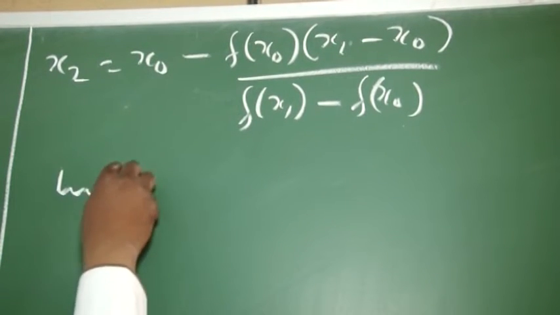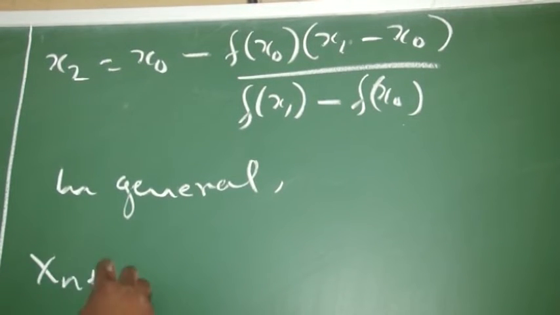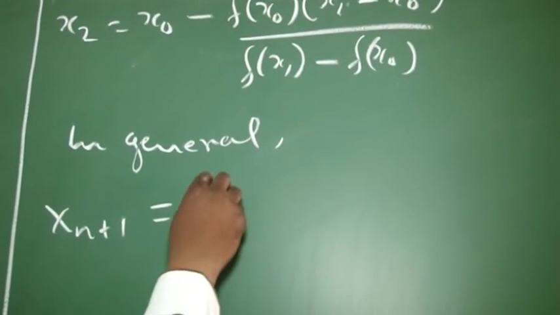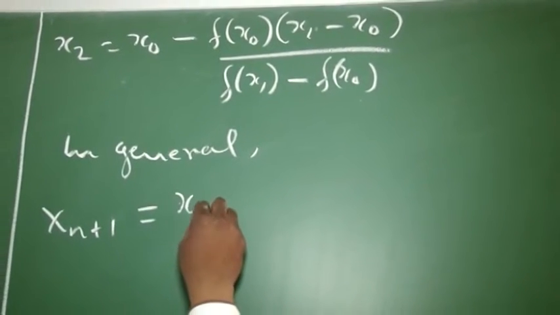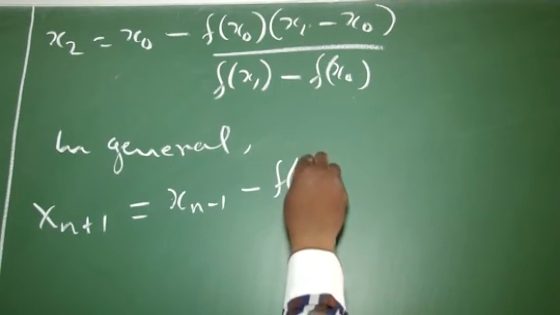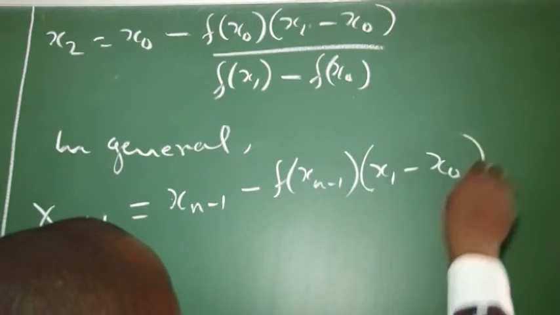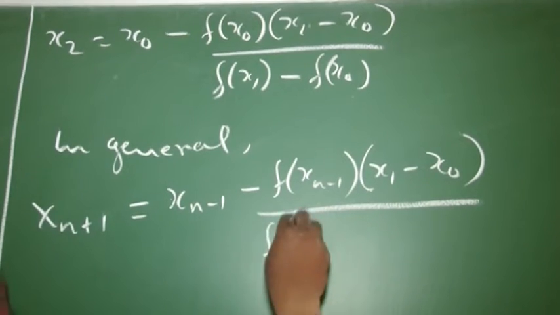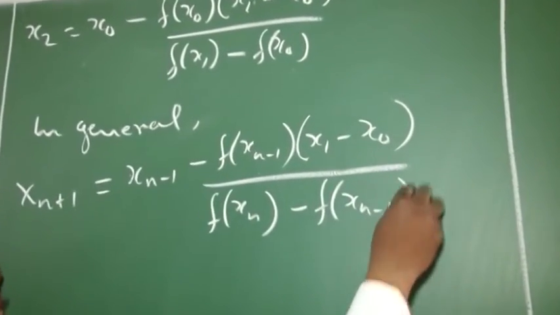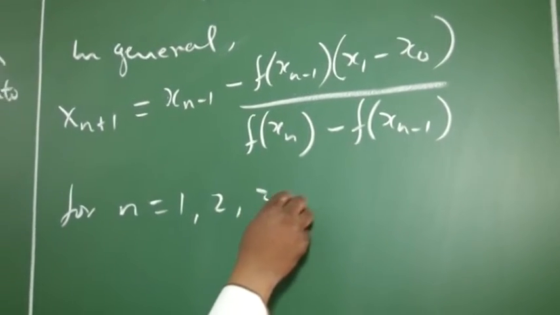So in general, x n plus 1 will be equal to x n minus 1 minus f of x n minus 1 times x1 minus x0 over f of x n minus f of x n minus 1, for n equal 1, 2, 3, and so on.